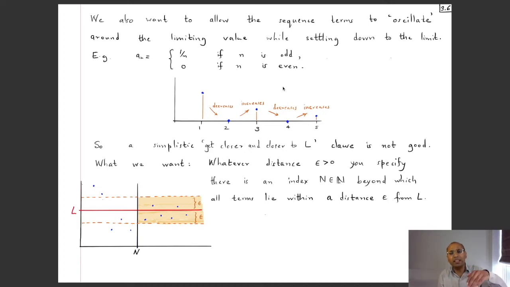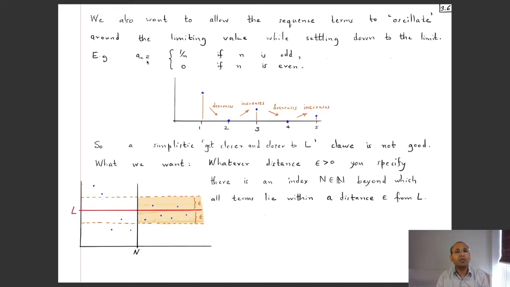So just saying some very simplistic definition that the terms are getting closer and closer is not good, because it may be the case that we want to say that the sequence is convergent, but the distance to that limit may oscillate. It might increase a little bit, then decrease, and then increase and decrease and so on. So here is an example.